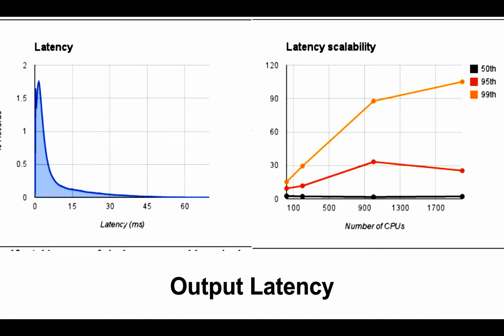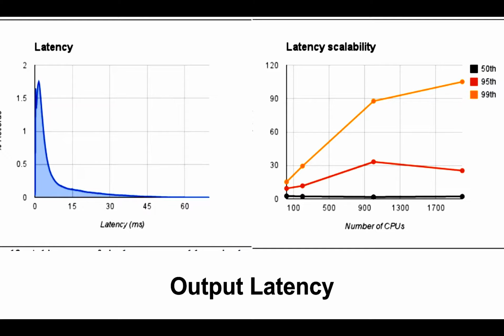The main statistics gathered through the chart on the left are that the median latency from receiving a message to sending a message is about 3.6 milliseconds, and then at the 95th percentile it goes to about 30 milliseconds.